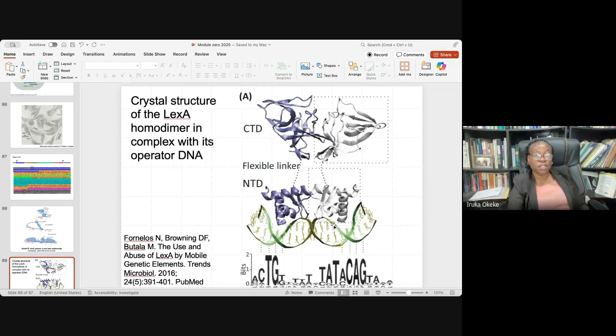Okay, one of the things that LexA binds to in an E. coli cell is error-prone polymerases. Those polymerases I mentioned that don't have proofreading. LexA binds them, represses them, and turns them off. And the only thing that will make LexA let go is if LexA cleaves. You know, it's a homodimer, so that means two LexA molecules together.